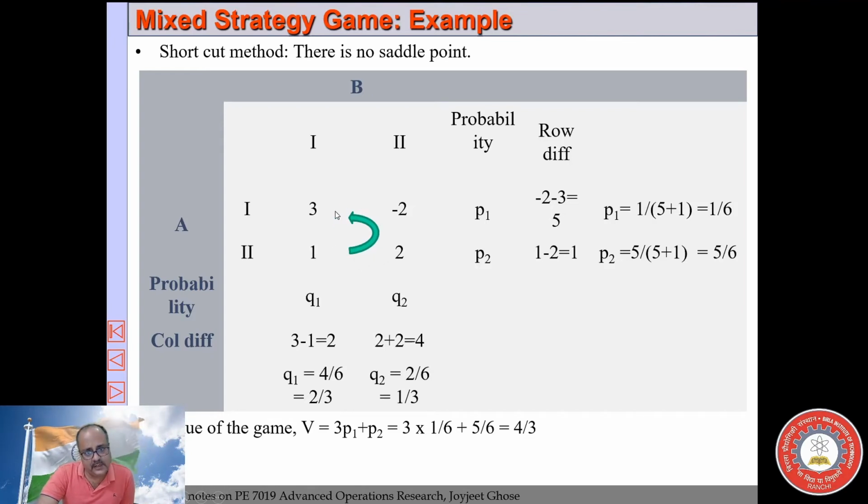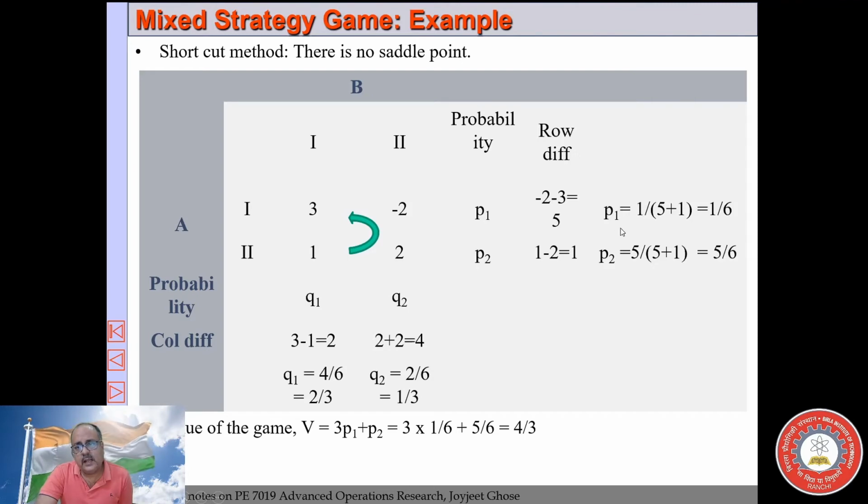Remember, we will calculate in the anti-clockwise direction. So here first we will find out the row difference. Moving in this direction, 2 minus 3 will give you minus 1, but we write the mod of that, so that is 1. And here 1 minus 2 will give you minus 1, so the mod is 1. Sorry, as shown: minus 2 minus 3 gives minus 5, and we write the mod, which is 5. And 1 minus 2 gives 1, so the mod of 1 is 1. So 5 plus 1 is 6.